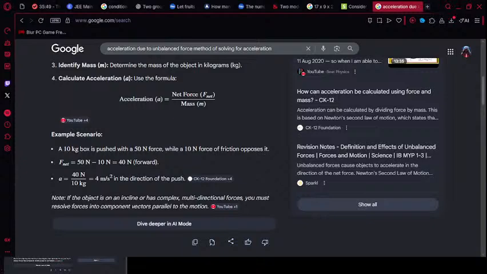Okay, I got an idea: 15 Newton minus acceleration.